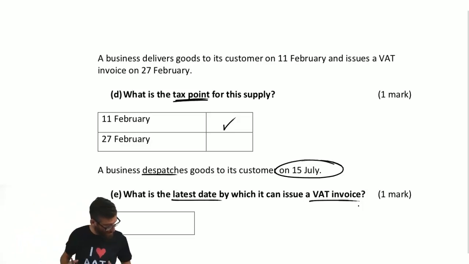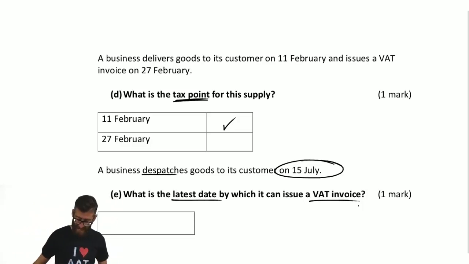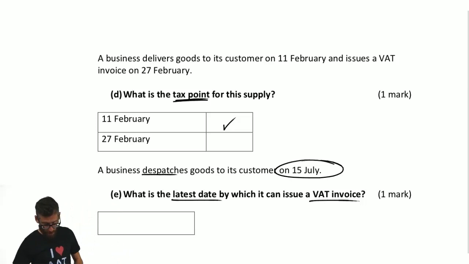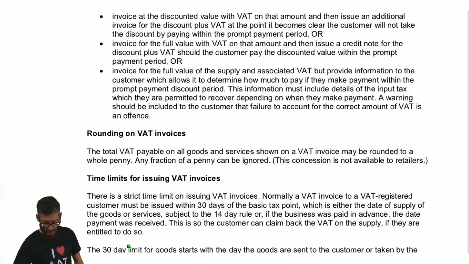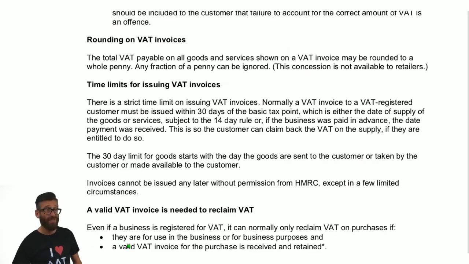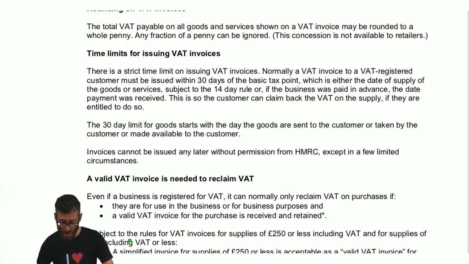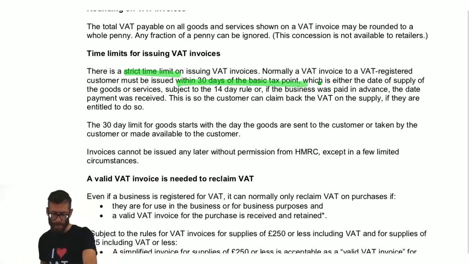Well, on page, I think it's 15 of our document, we have the rule there that exists around the deadlines. And the time limits for issuing VAT invoices is given just here. There is a strict time limit on issuing VAT invoices. Normally, it has to be within 30 days of the basic tax point.